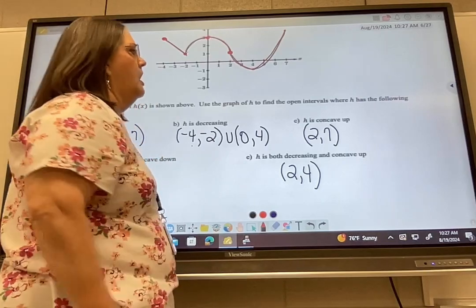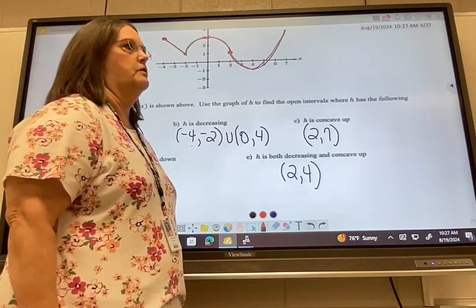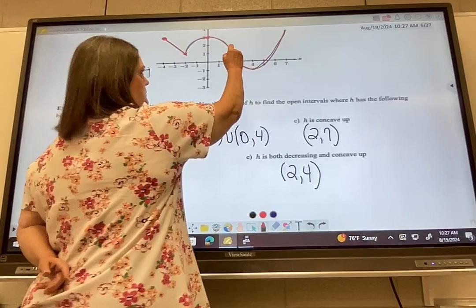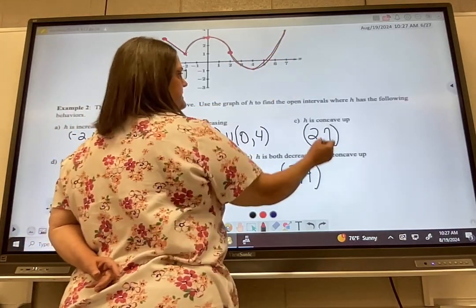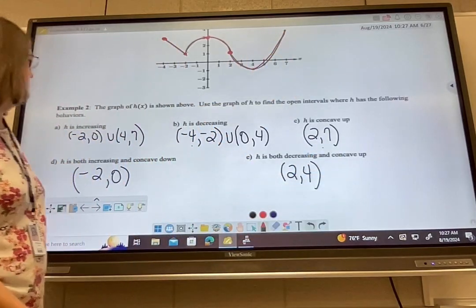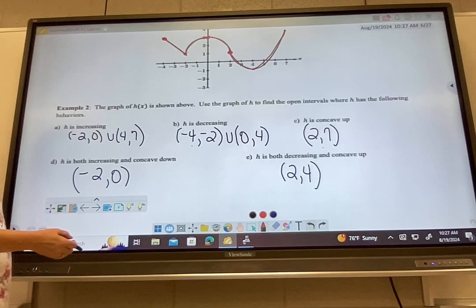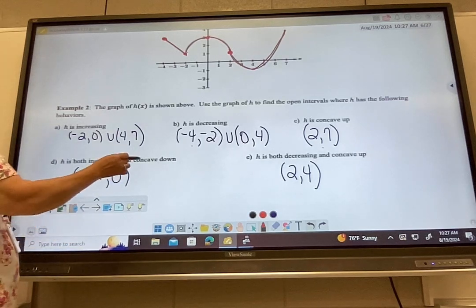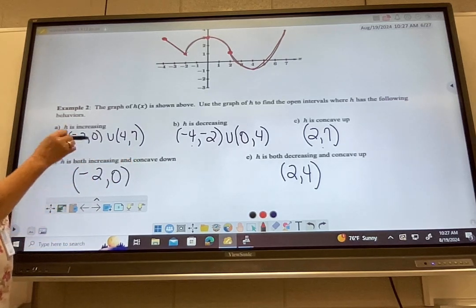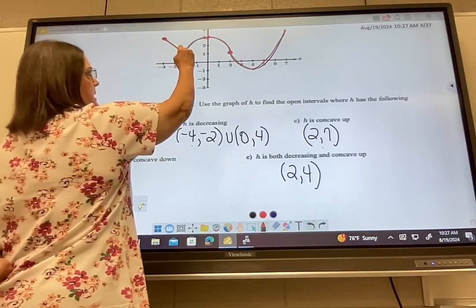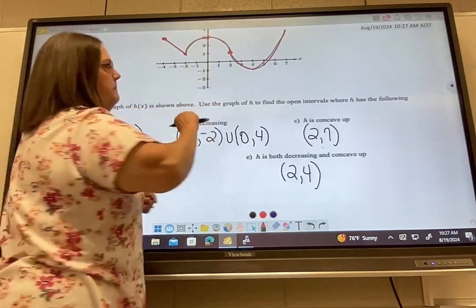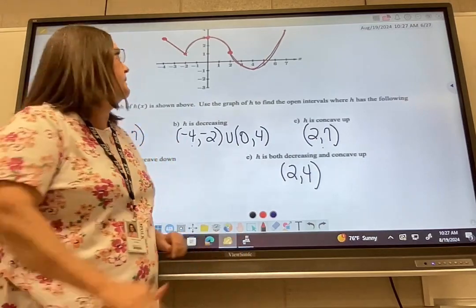Where is h concave up? That's, where is it like a cup? From 2 all the way to 7. Where is it increasing and also concave down? All right, so increasing here from -2 to 0, but it is concave down. It is pointing down.